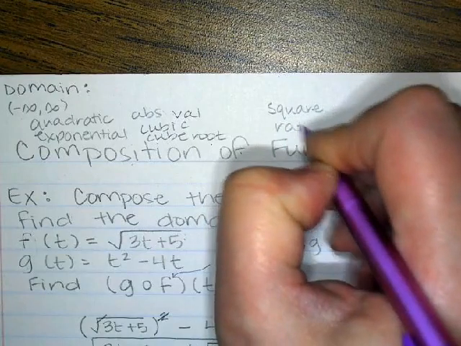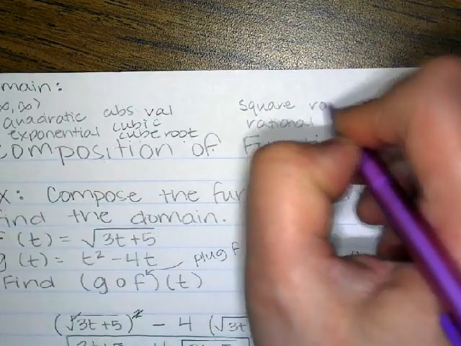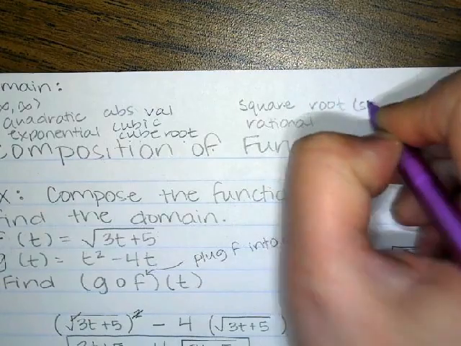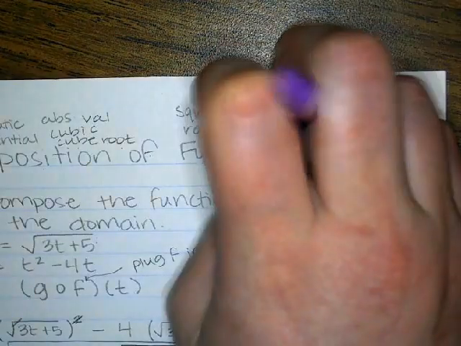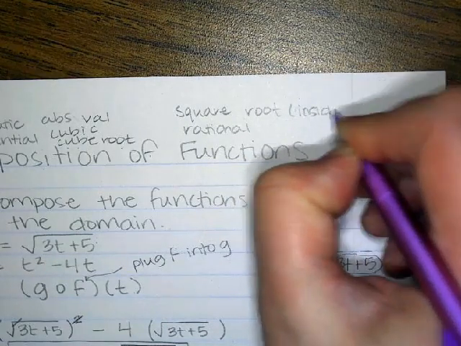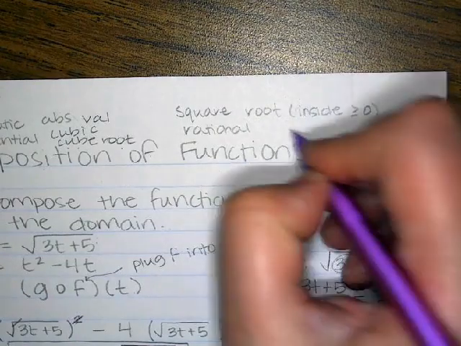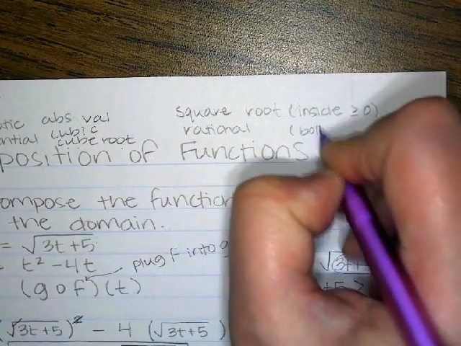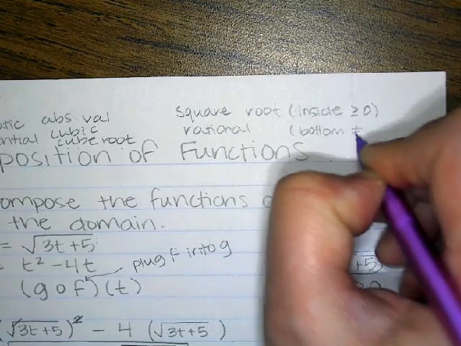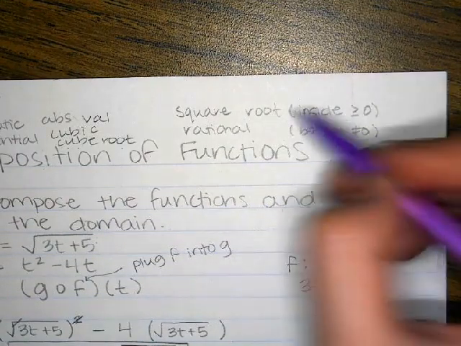So with the square root, we have the inside is greater than or equal to 0. With the rational, we have the bottom cannot equal 0. So square root, the inside is greater than or equal to 0.